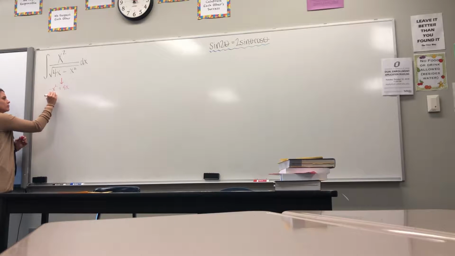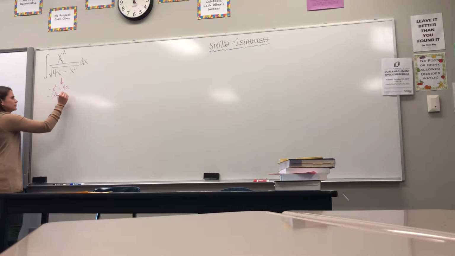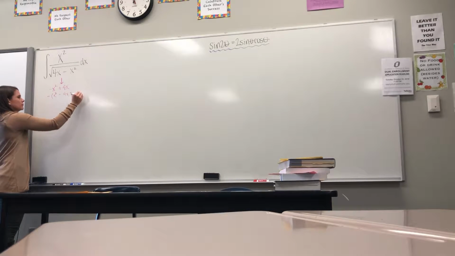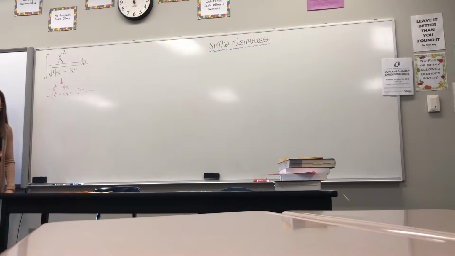What's the formula again? You take b over 2 and you square it. So, Caleb, what goes here? 4.